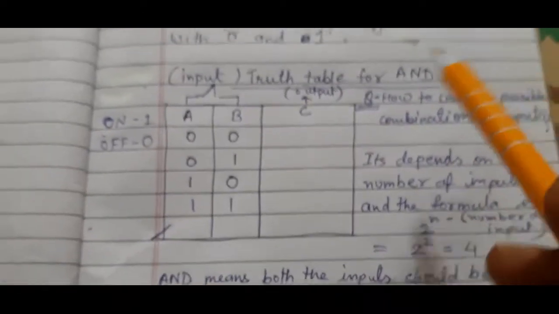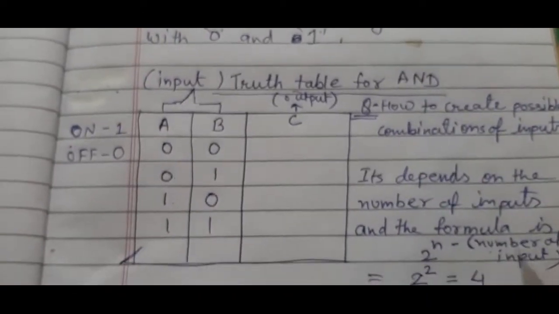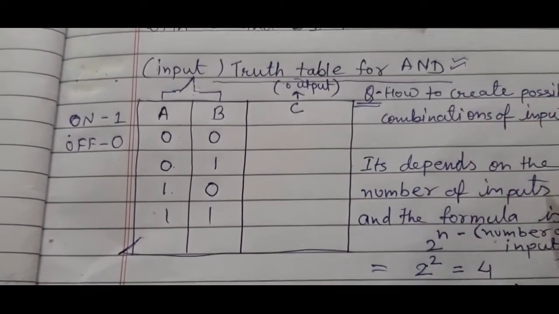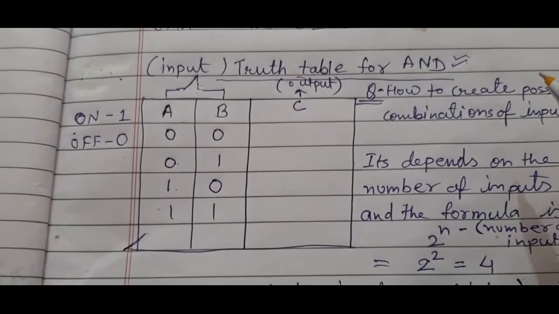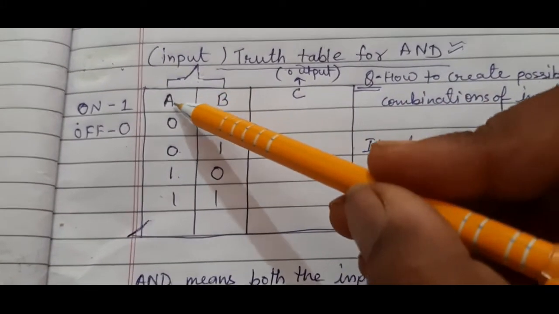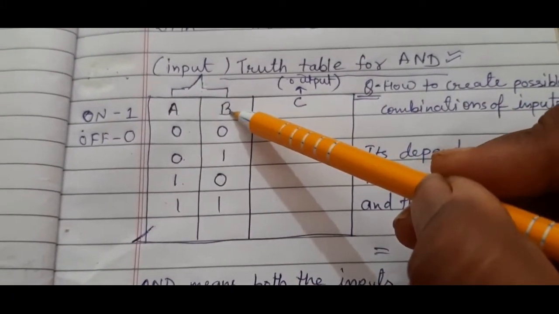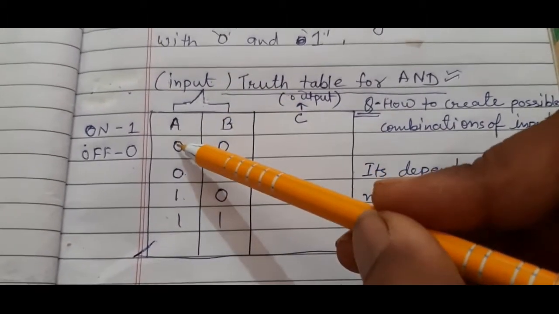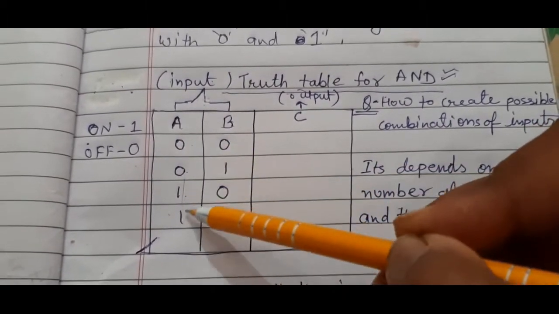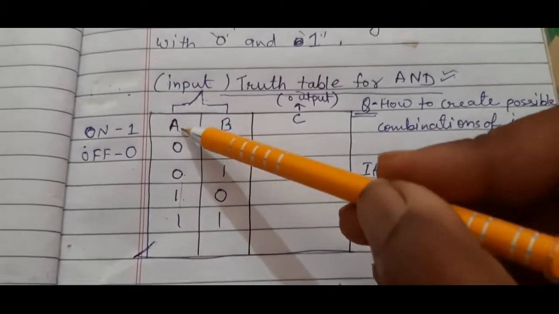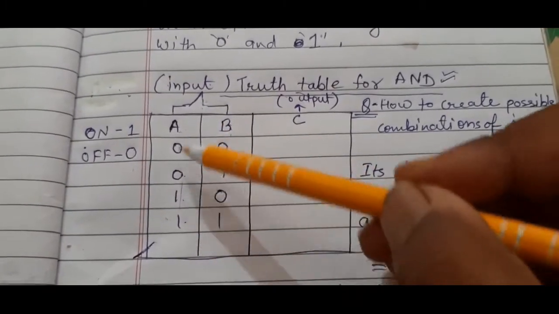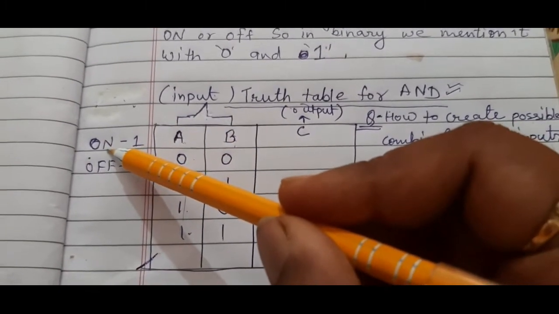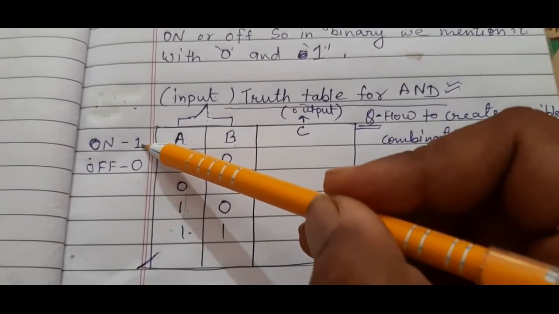Now we will see how to create the truth table for AND. So A and B, as I told you, are inputs, and these are the possible combinations of these two circuits. If the circuit is on, it will be mentioned by 1.